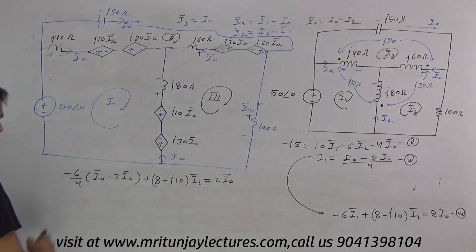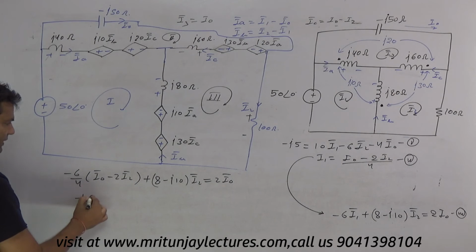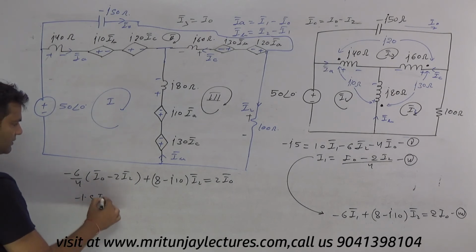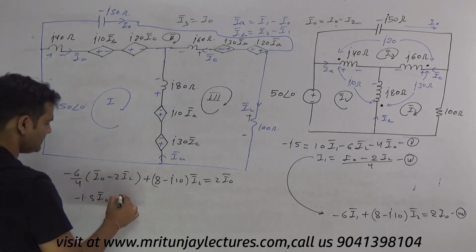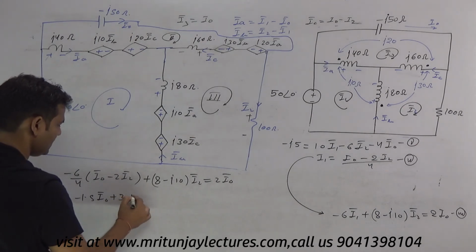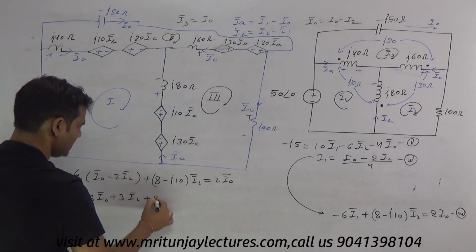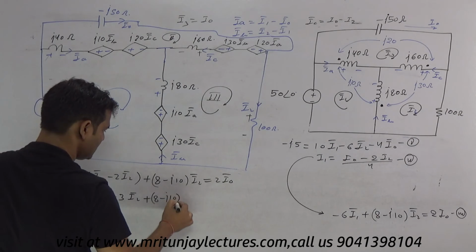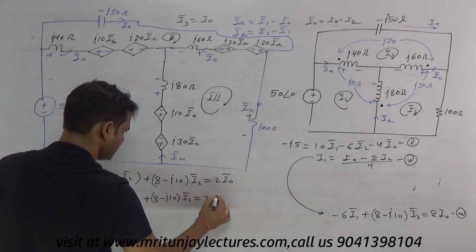Clear? So that is 1.5, so minus 1.5 I naught, and that is 3 plus 3 I2 plus 8 minus J10 into I2, this will be equal to 2 I naught.